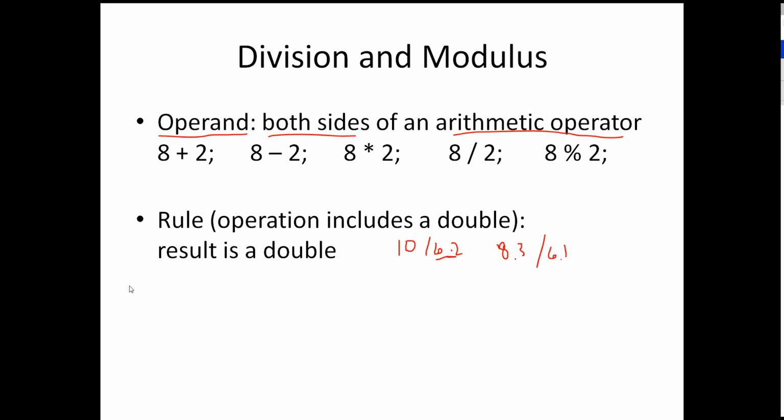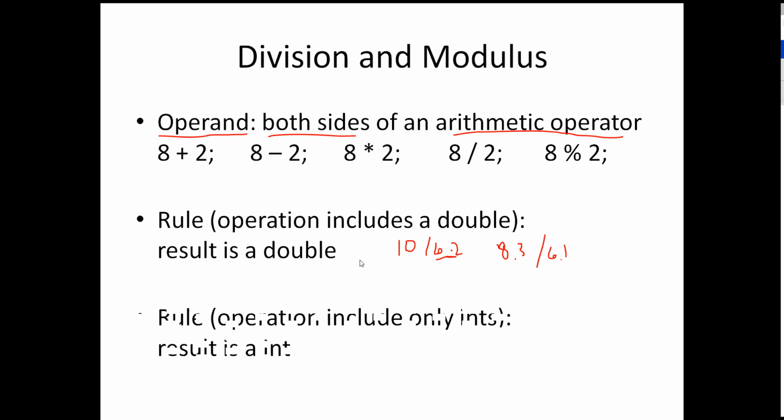That's easy, right? And so here we go to the other rule: if an operation includes only ints, the result has to be an int. If both operands are ints, all you see is ints, the result is going to be an int. And so you might go, okay, well, that's easy. 8 divided by 2, that makes sense. It's 4.